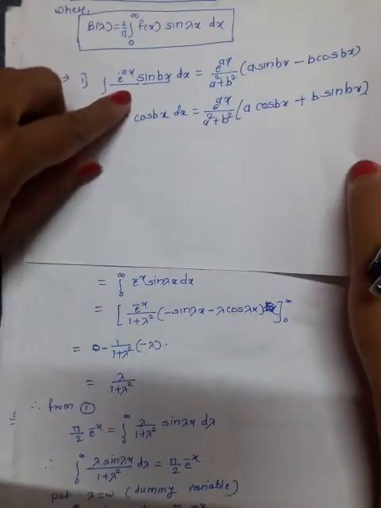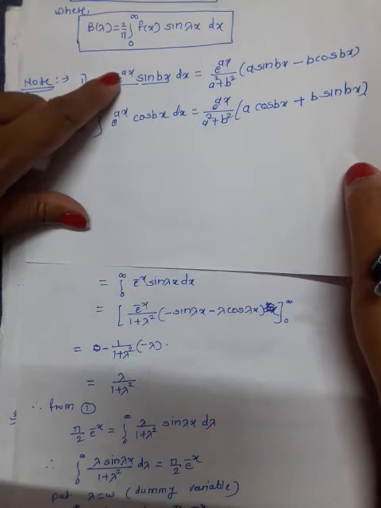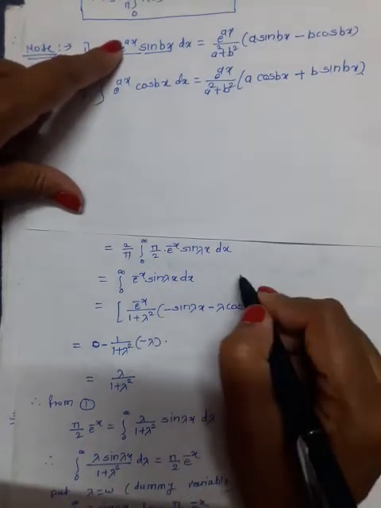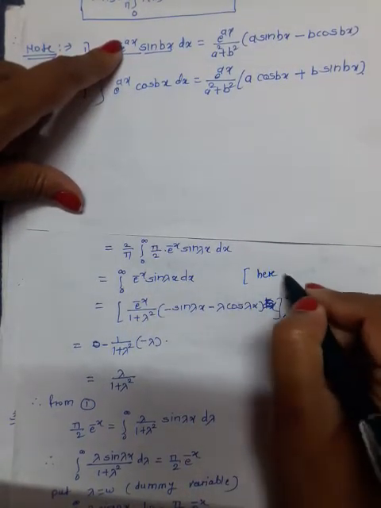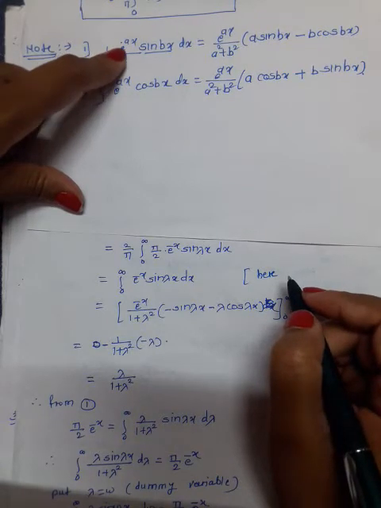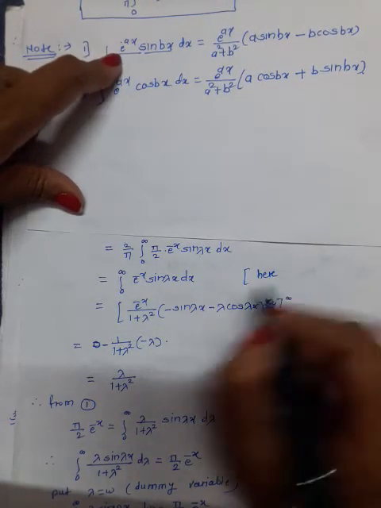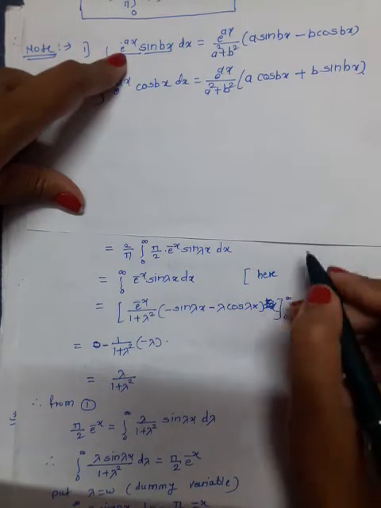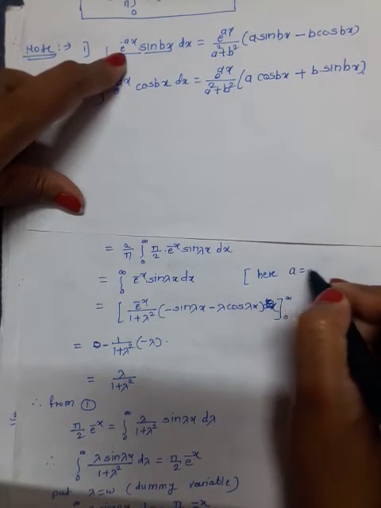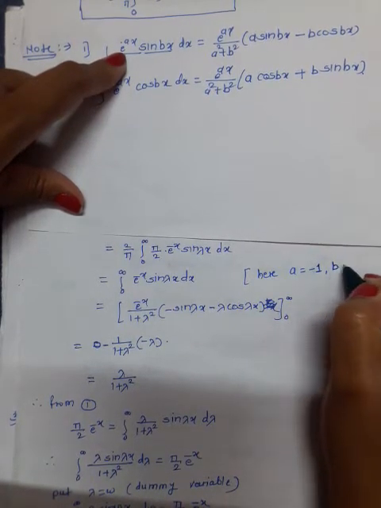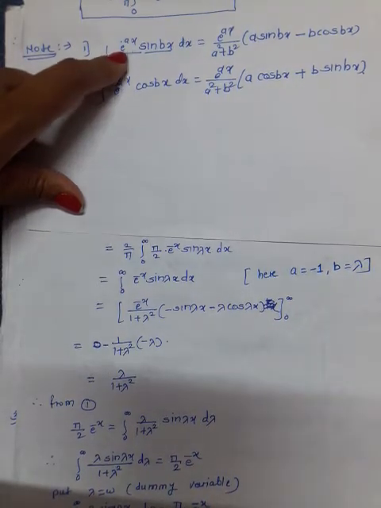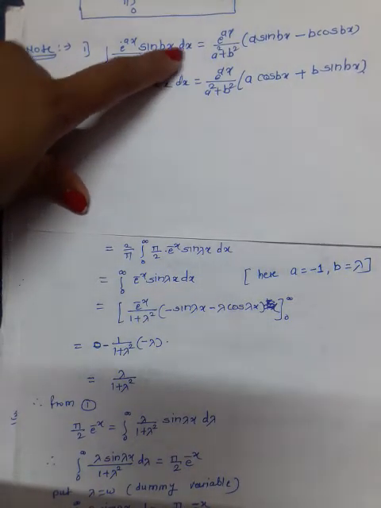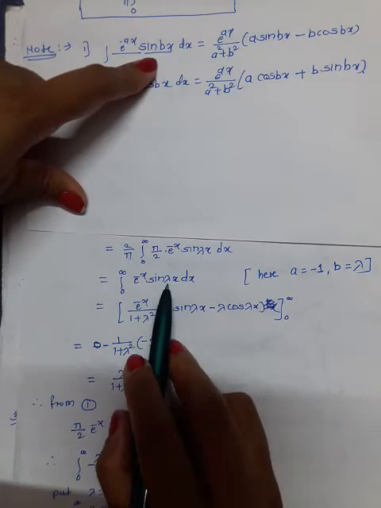If you observe these two formulae, what is a here? In the exam you have to write this; here also you write this integration formula. Here a is equal to minus 1, and what is b? Lambda. b is the coefficient of angle of x, and here the x coefficient is lambda.